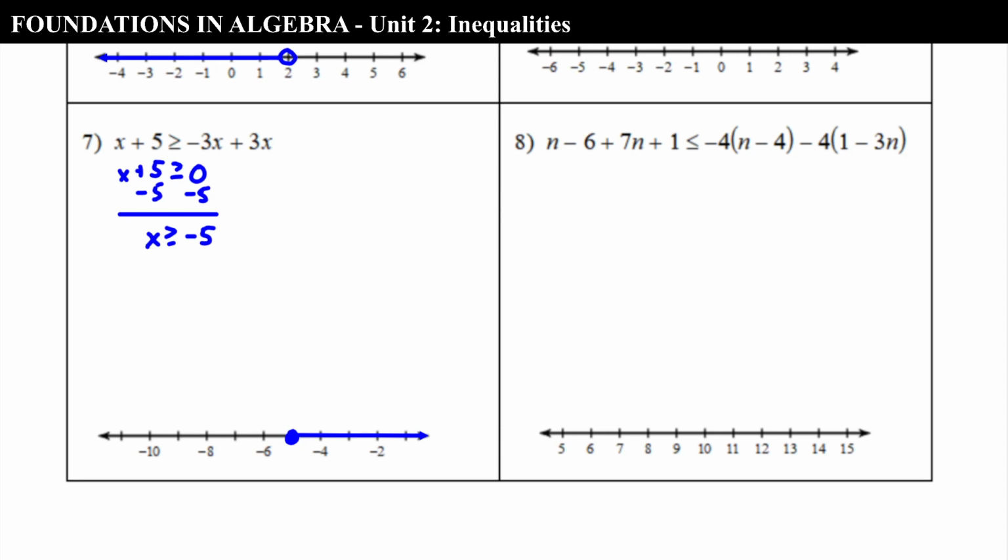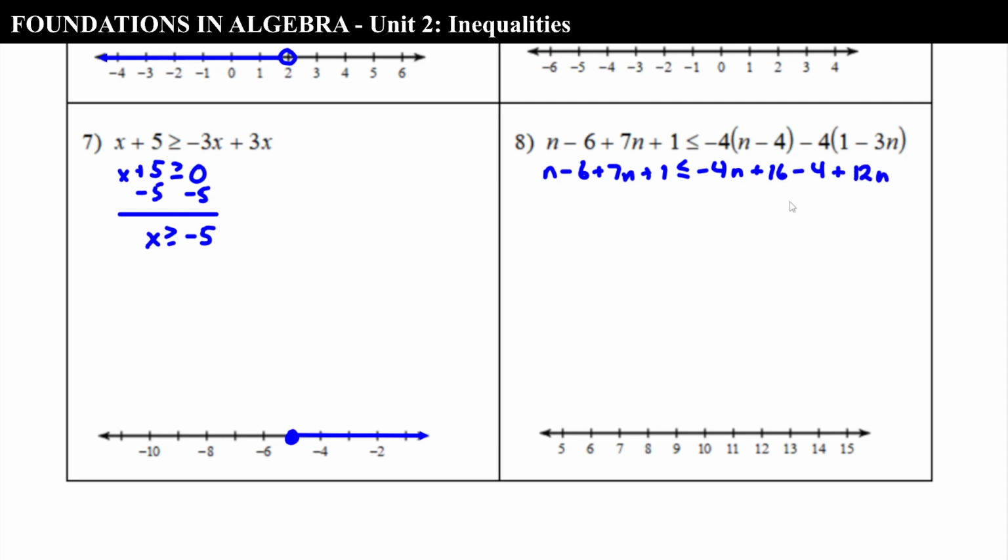All right, let's take a look at what's going on with number 8. First, we're going to distribute, so we will not touch the left-hand side. So we have negative 4n plus 16. Then when we distribute the next one, we get negative 4 plus 12n.